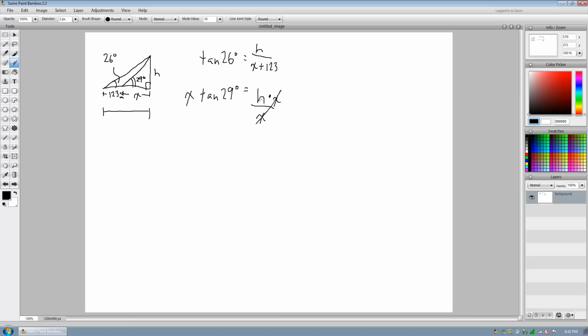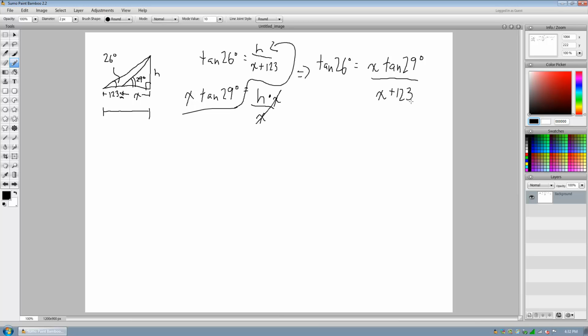So now I have h equals x times the tangent of 29. Now that I know what h is, I'll plug it into my equation up here. So the new equation is the tangent of 26 degrees is equal to x times the tangent of 29 degrees divided by x plus 123.